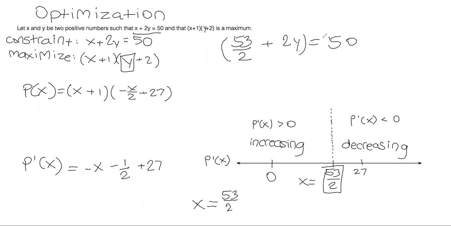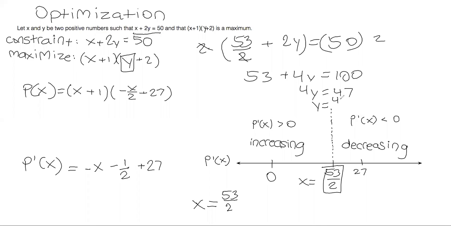So I think I'm going to double everything. So we get 53 plus 4y equals 100. And then we have 4y equals 100 minus 53, which is 47. And then y equals 47 divided by 4. All right, cool.